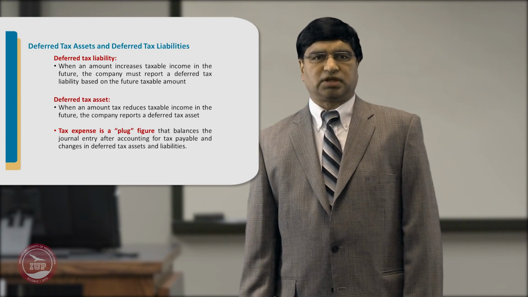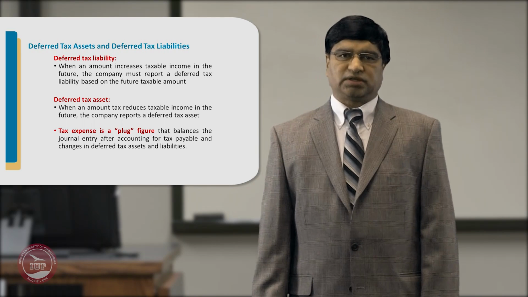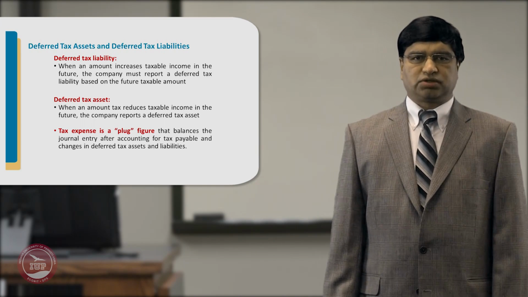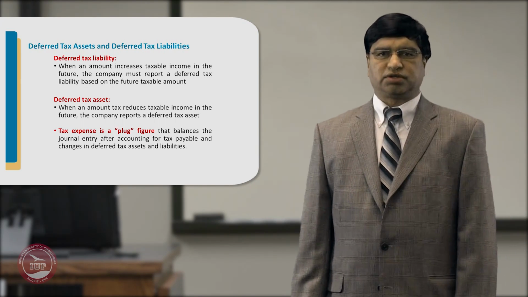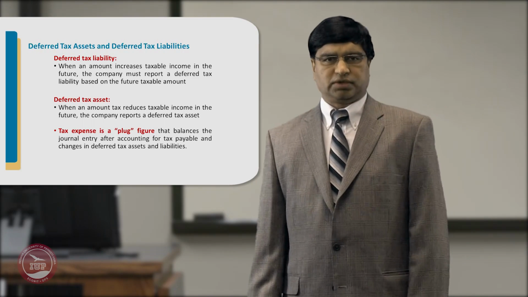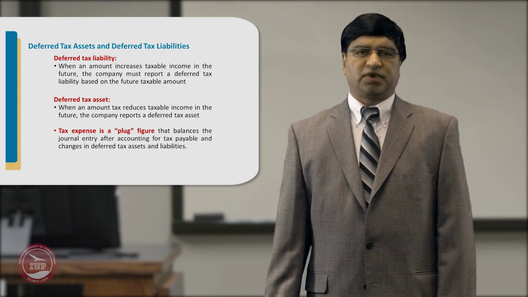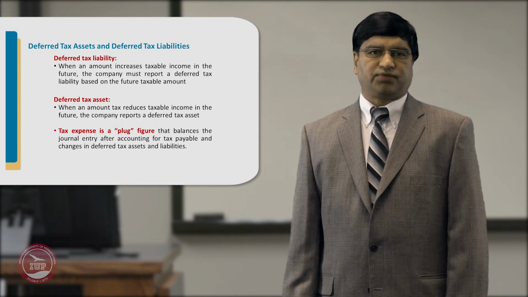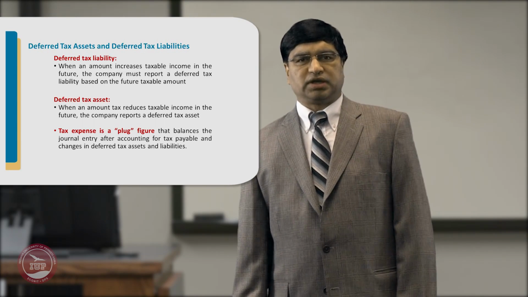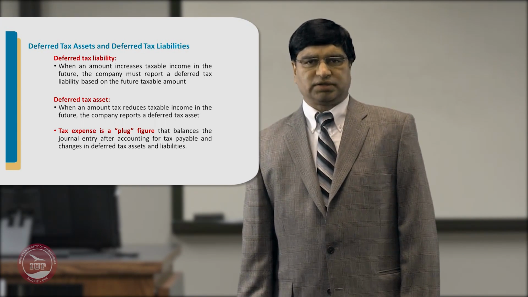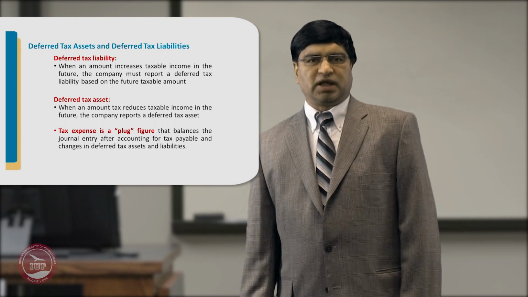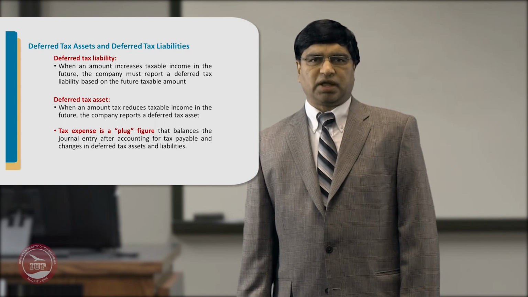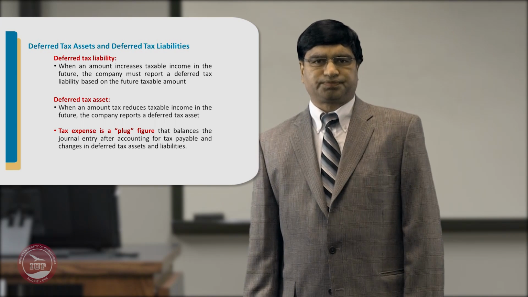In the case of a deferred tax asset, it's the opposite. When a difference reduces the taxable income in the future, it is reported as a deferred tax asset. While making the journal entry, the tax expense will work like a plug figure.